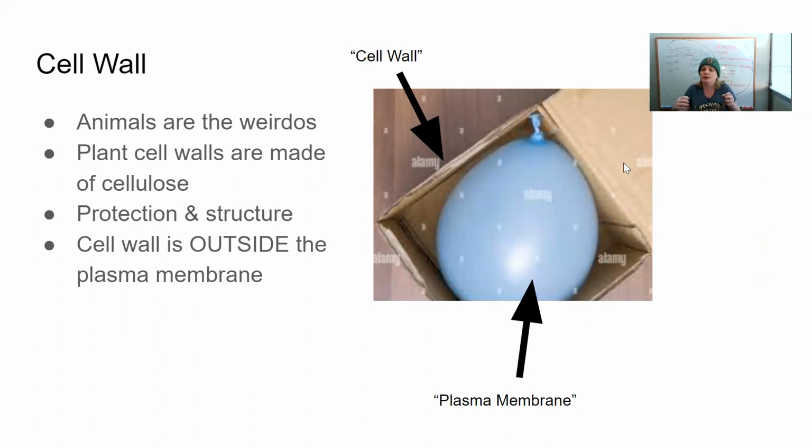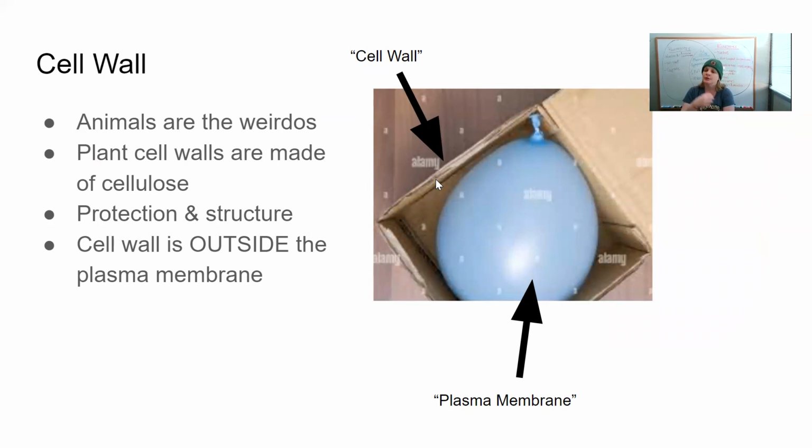It's rigid, it provides structure, and then right inside of that is the balloon in this analogy, which represents the plasma membrane, which has that mosaic, it's flexible. It can expand to fill up that whole space, or it can contract like we saw under the microscopes when we put the salt water on the Elodea leaf and we saw it shrink up, and that's what's happening there.